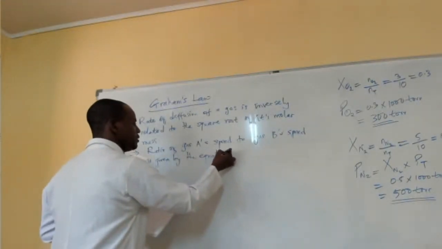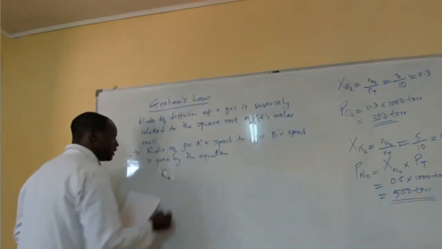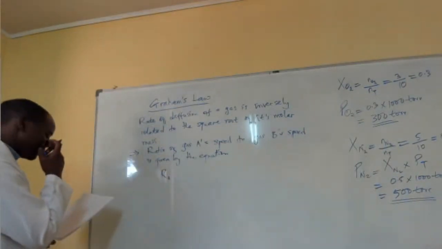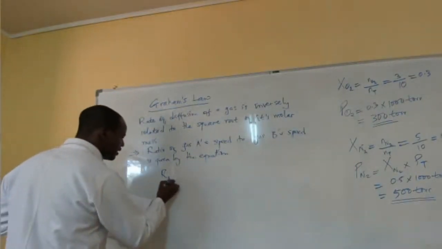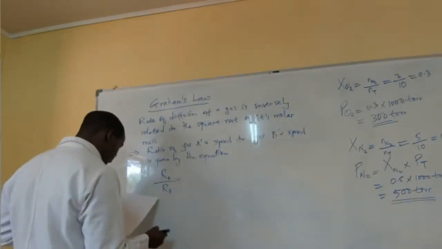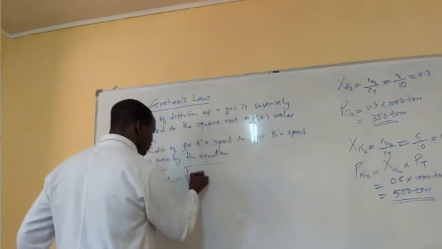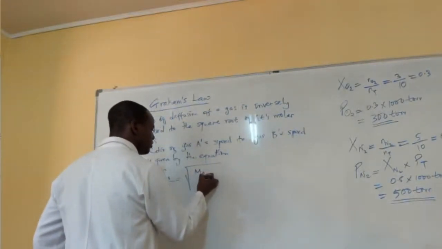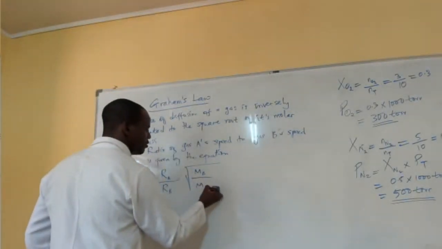And this equation is, if we are using speed, we can say rate, so the R is for rate. So rate of gas A over rate of gas B is equal to the square root of the molar mass of B divided by the molar mass of A.